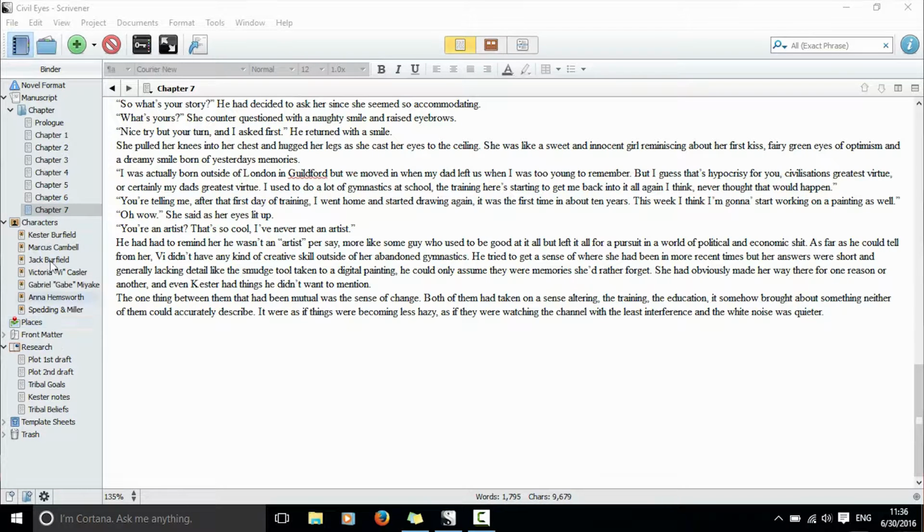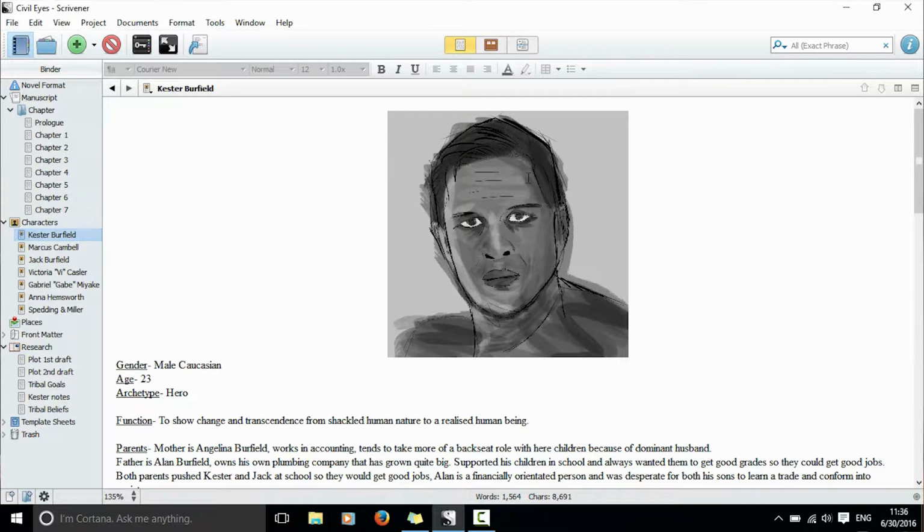If we start with the main character, that's what I like about Scrivener: you're able to put images into the various documents if you want. This is just a bit of concept art I did for the main character. It's just someone I like doing, and it helps me visualize his character and who he is.